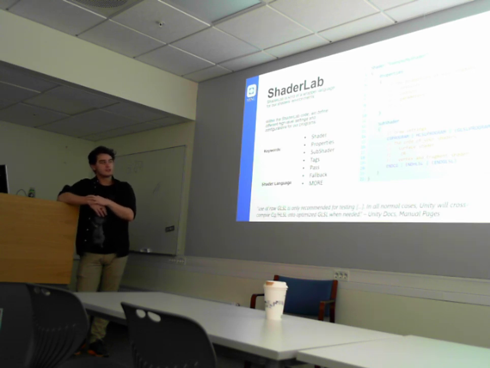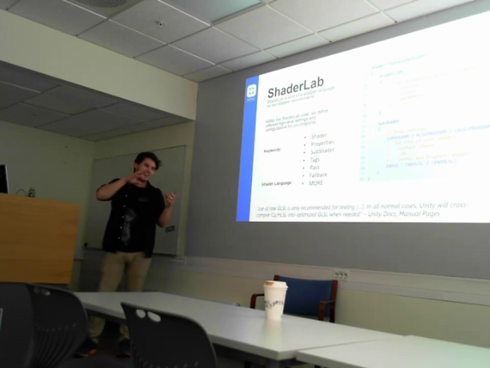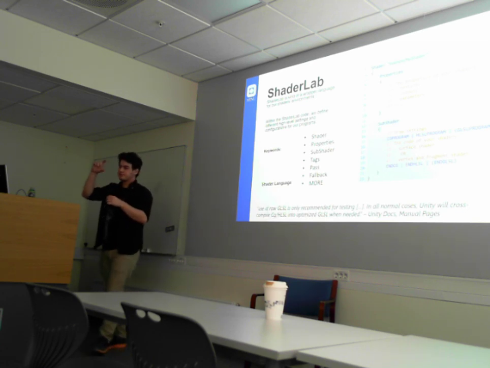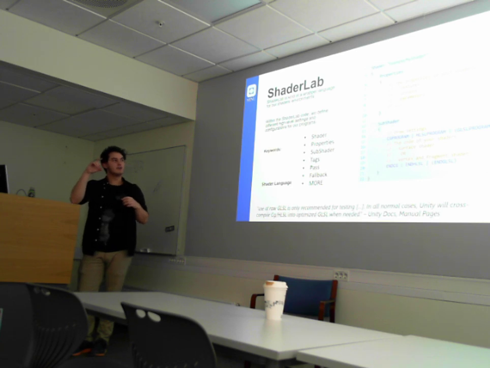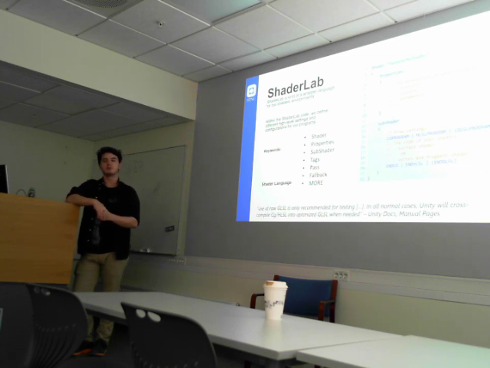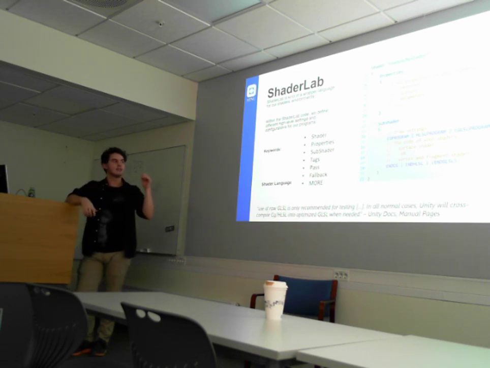You have subshaders, which are wrappers for a specific implementation of the shader. So if you write a really high-end shader, you might want to account for mobile devices as well. So you write another shader which is targeted at the mobile audience.